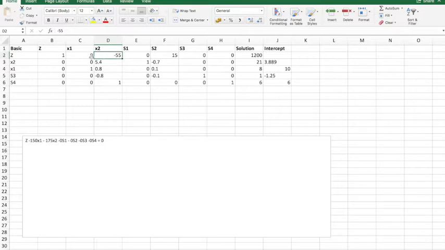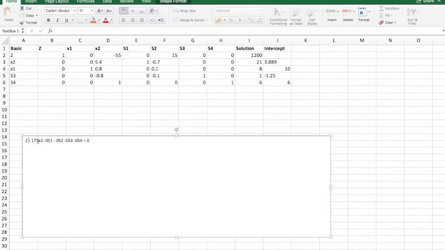Now remember, effectively, let me just write this row 2 out, is going to be 0x1 and minus 55. I should keep this in here. So this is 0x1 minus 55x2 plus 0 plus 15s2.